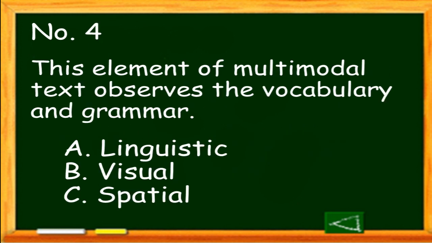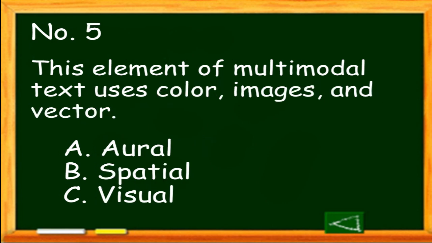Number 4. This element of multimodal text observes the vocabulary and grammar. A. Linguistic. B. Visual. C. Spatial. Number 5. This element of multimodal text uses color, images, and vector.